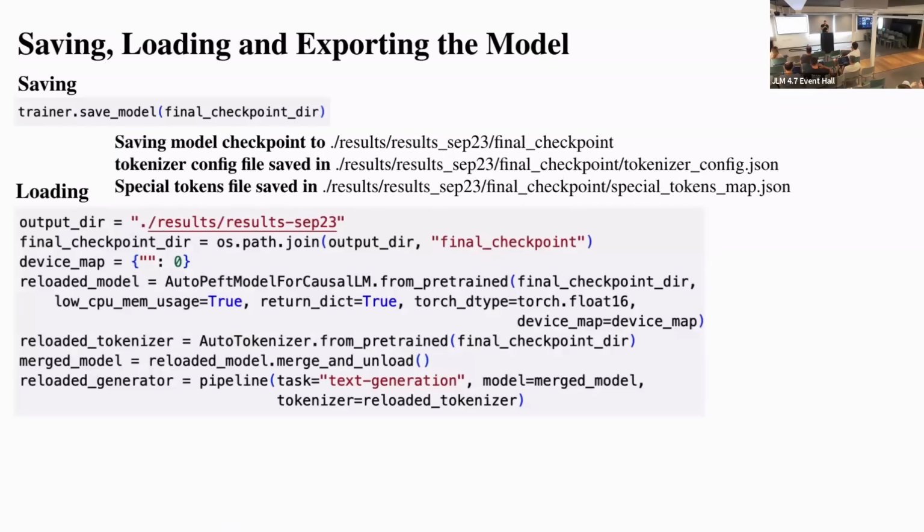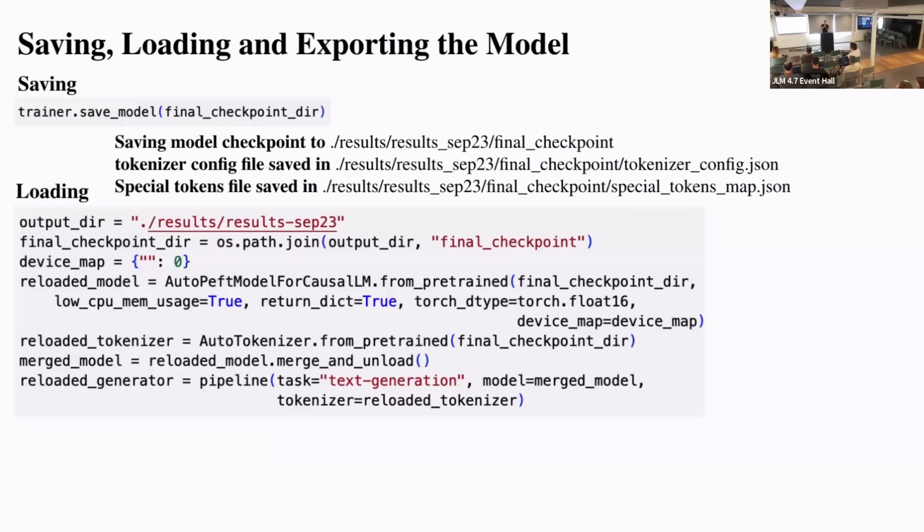And then here we use AutoPeftModelForCausalLM from pretrained and load the model from the directory of the final checkpoint. Of course, we can load not the final checkpoint and take the checkpoint with some maximum performance, which is not the final one.